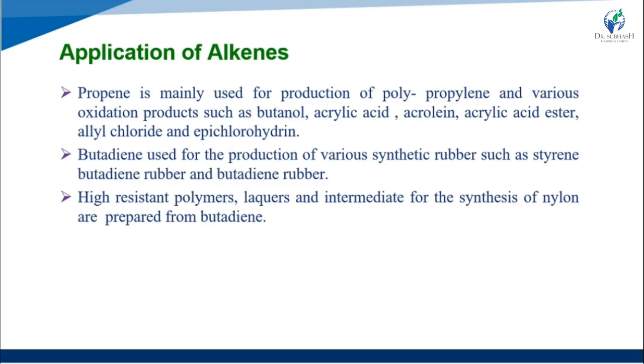Then the eighth one, that is propene is mainly used for the production of polypropylene and various oxidation products such as butanol, acrylic acid, then acrolein, then acrylic acid ester, then allyl chloride and epichlorohydrin. Then the ninth one, butadiene is used for the production of various synthetic rubbers such as styrene butadiene rubber.